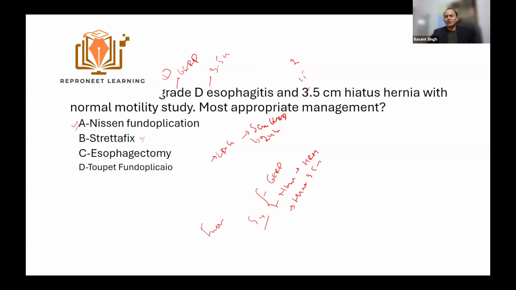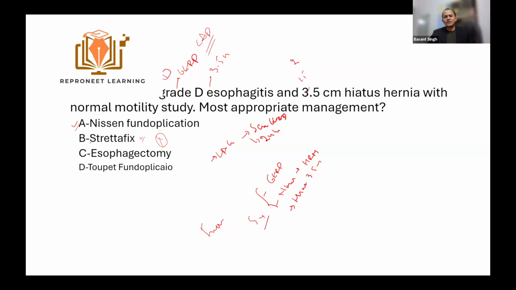So why not RFA-guided or endoscopic management of GERD? Number one, he has a hiatus hernia. Once you have a hiatus hernia, you cannot do the hiatus repair via endoscopy. That is one reason you cannot do Stretta. Number two, you should not do Stretta in patients who have a higher grade of esophagitis. If he has C and D esophagitis, obviously we cannot do Stretta.